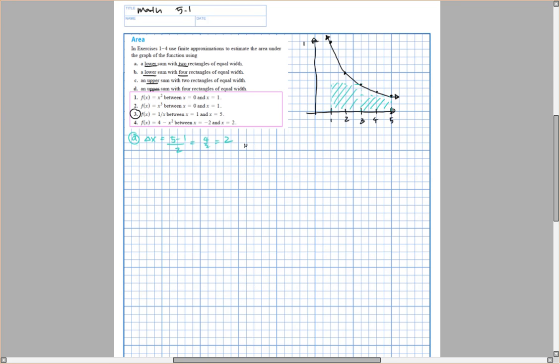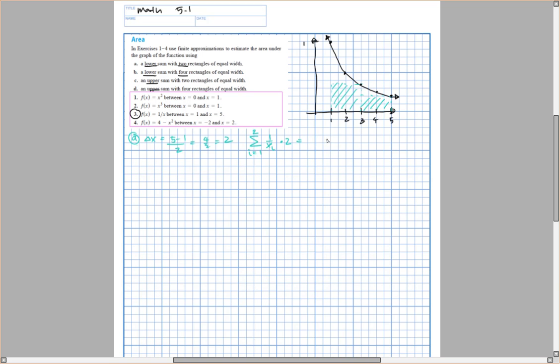So the lower sum in this case is going to be what the book has written down times the width. So our first xi is going to be at 3, and the second xi is going to be at 5.